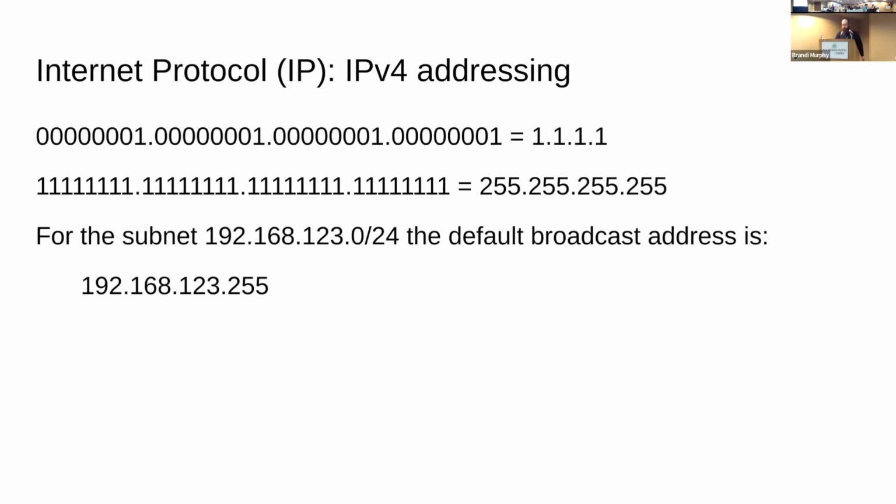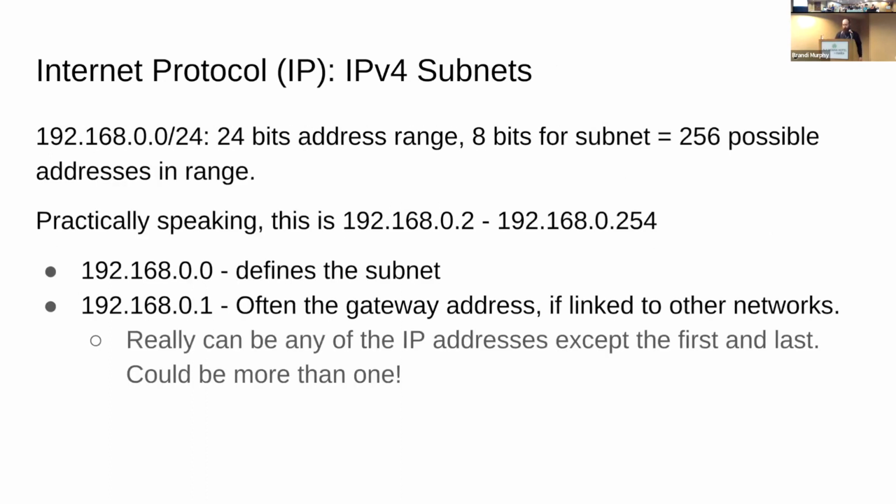There's some good and some bad with that. There are additional ways of doing broadcast and multicast, but we won't get into those. So this also breaks down a bit more: you can't use all of the IPs, okay? We have the network being defined by that first one.